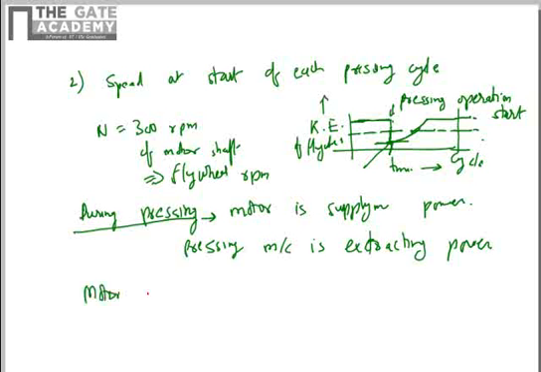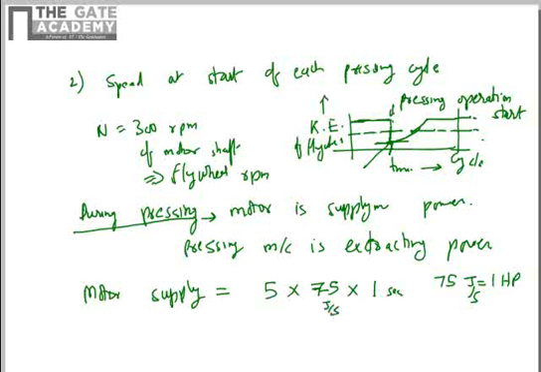The motor supply of power will be equal to a 5 HP motor. Then we have a conversion ratio of 75 joules per second, or 75 watt is equal to 1 HP. So we have 5 into 75 joules per second, and the pressing operation takes 1 second.